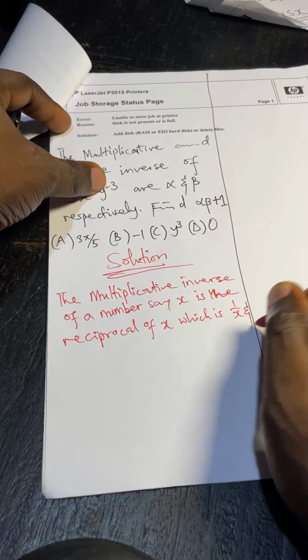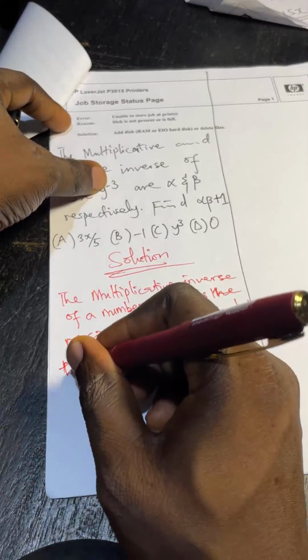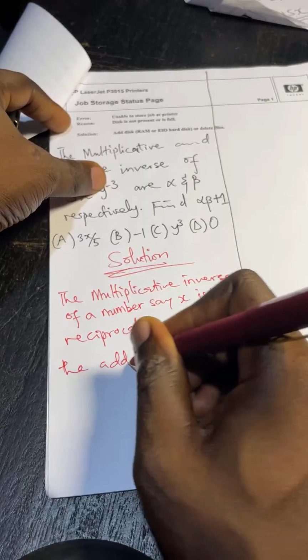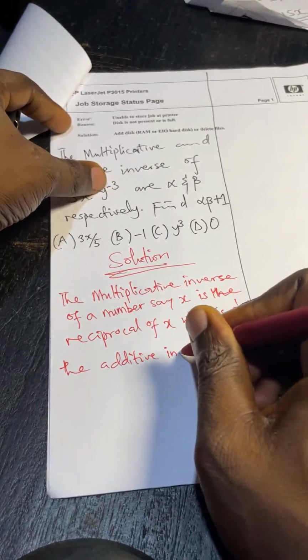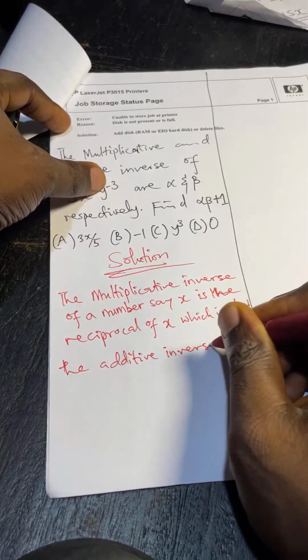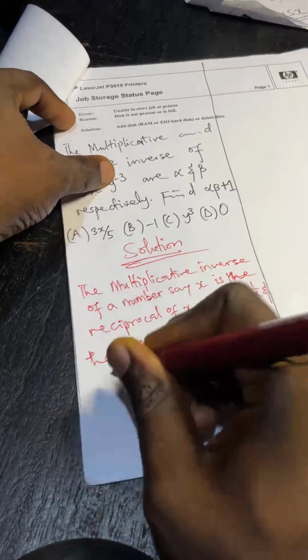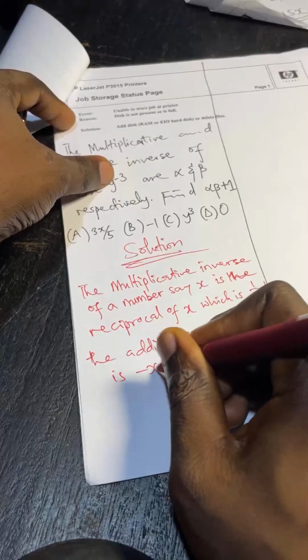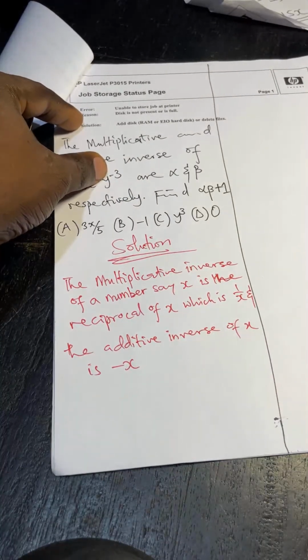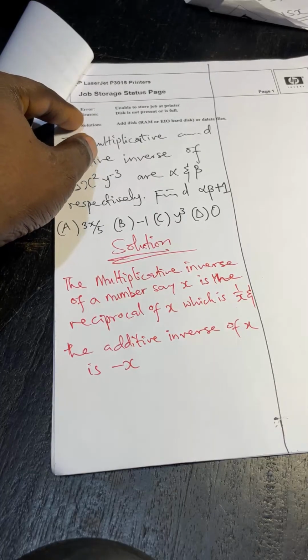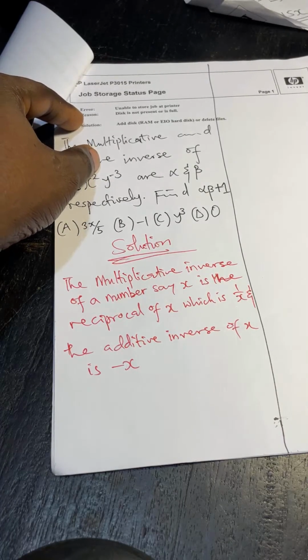And the additive inverse of x is minus x. Multiplicative inverse is that number with which, when you multiply the given number, it will give you 1. What will you multiply with 2 to give you 1? It is 1 over 2. It simply means the reciprocal of 2.